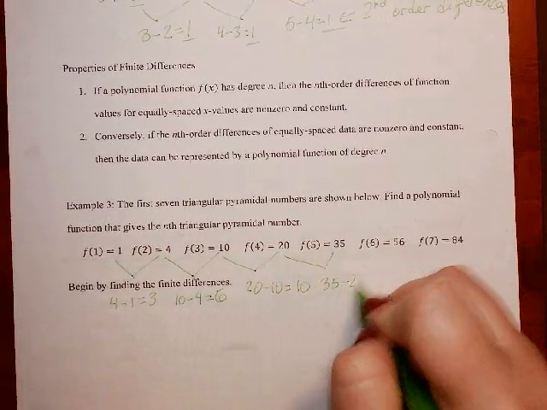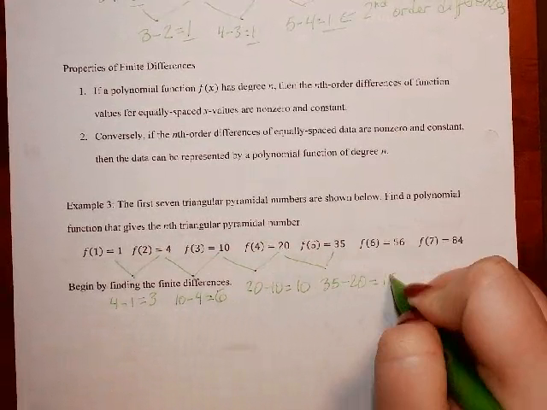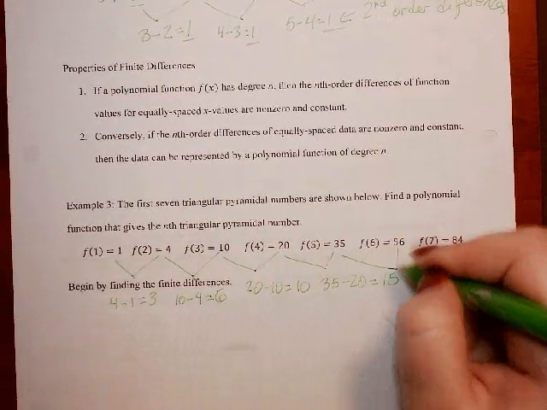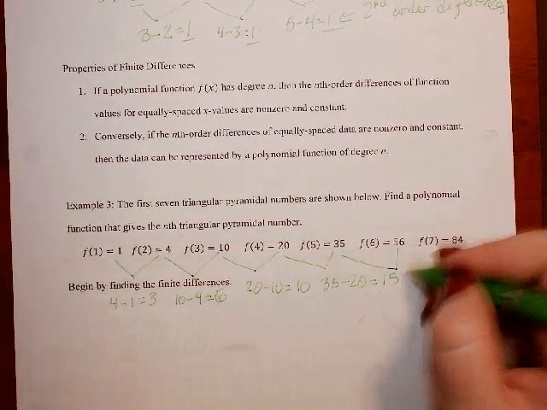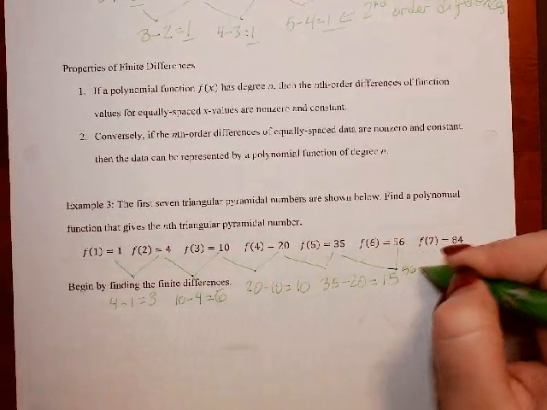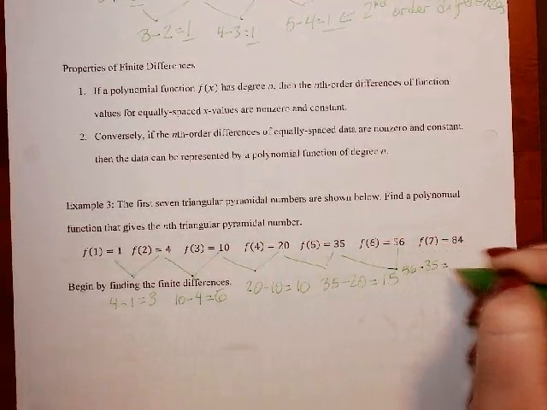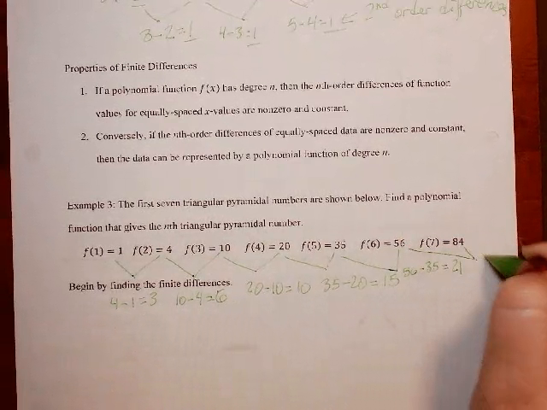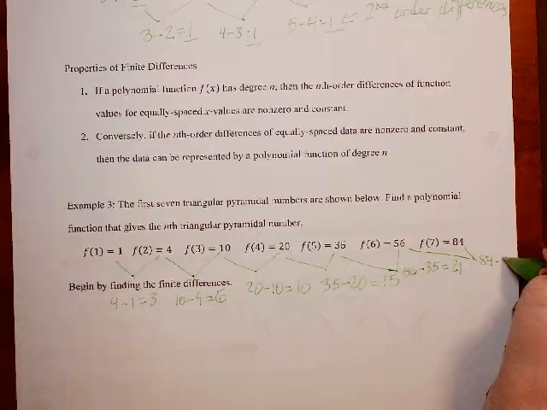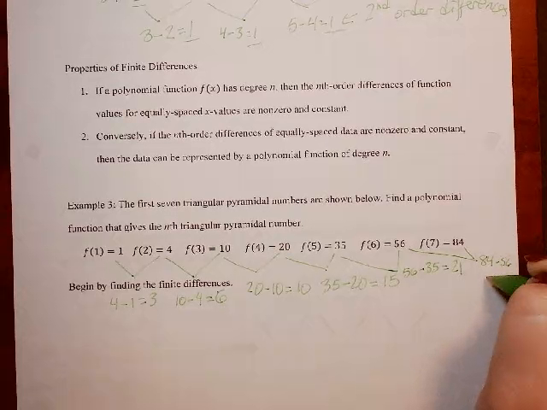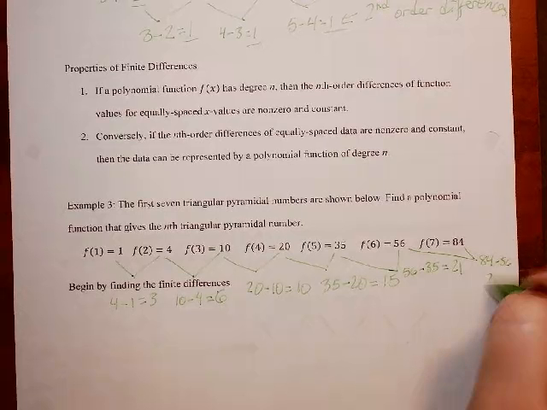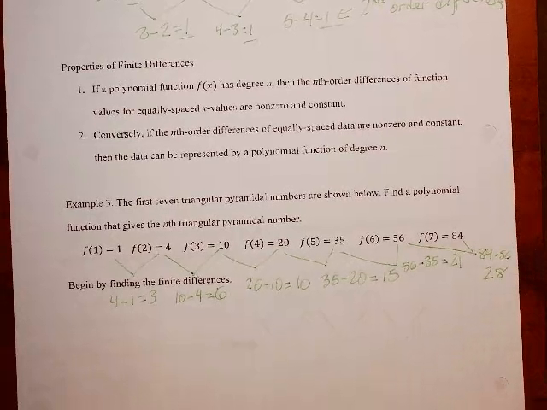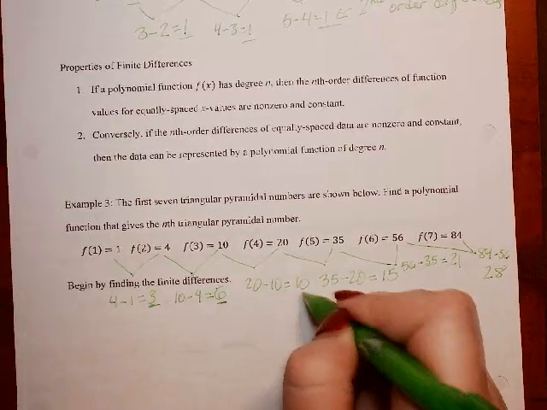And then 56 minus 35 is 21. And the last one, 84 minus 56 is 28. Okay, so we have 3, 6, 10, 15, 21, and 28. Those are our first order differences.